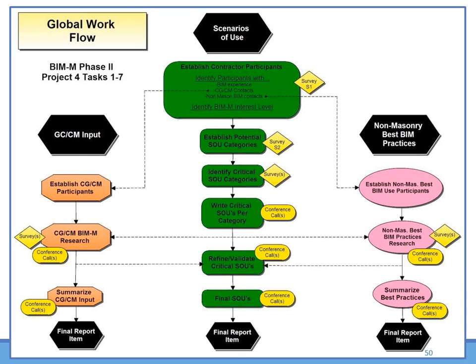But the center column is the one that's going to be most critical, I think, for our mason contractors, and that is identifying the scenarios of use, trying to fine-tune those. We're not really trying to forecast what kind of tool may result from this, but rather what are the processes that need to be addressed by future tools that would make these processes work better for our mason contractors.